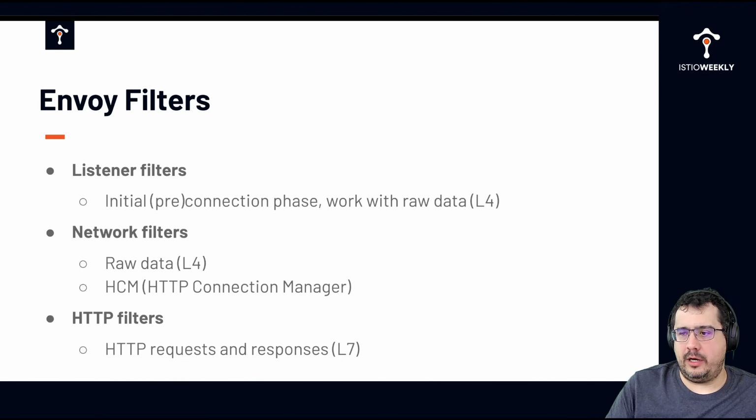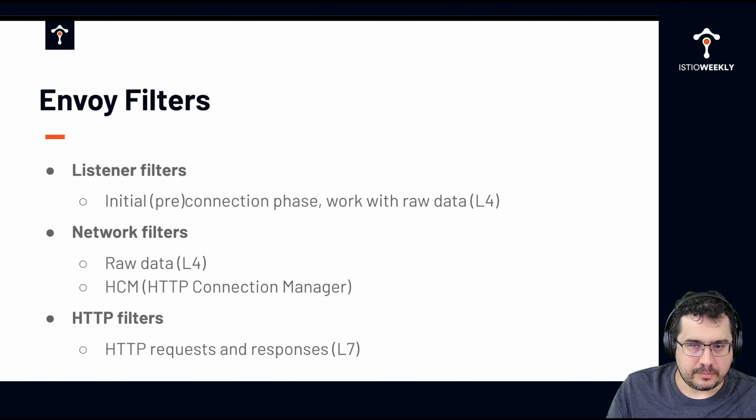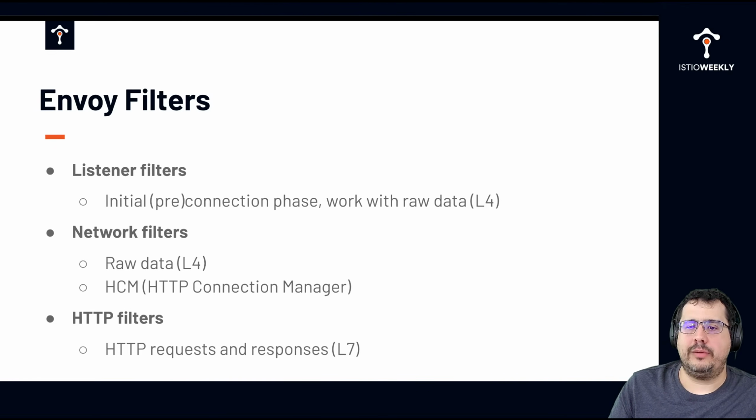The second type of filters are network filters, and these work on raw data as well. They work on the TCP packages. An example here is a TCP proxy filter that routes client connection data to upstream hosts and then generates connection statistics. The last type are HTTP filters, and these operate at L7 with HTTP data.